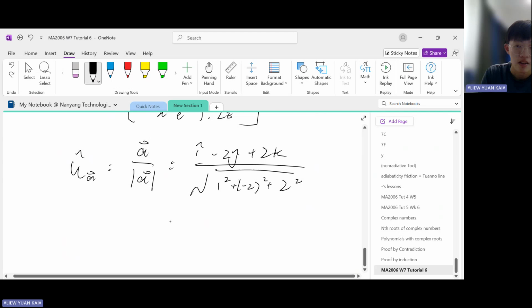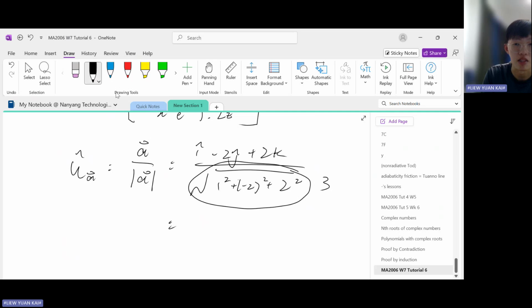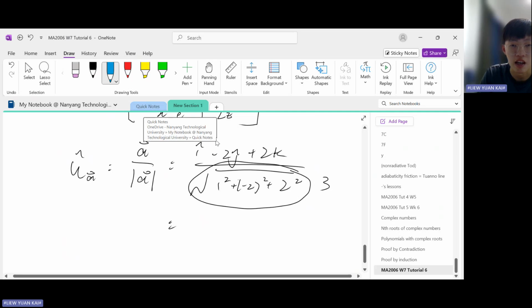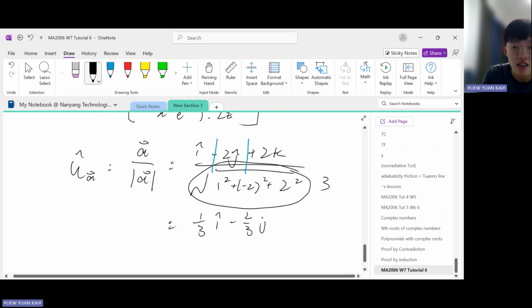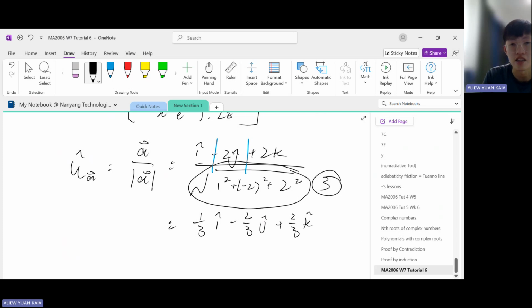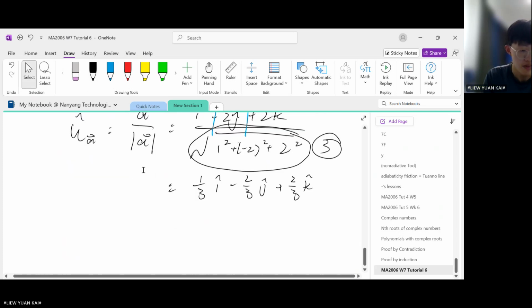In the bottom, this will evaluate to 3. Now we're going to split each component into the i component, the j component, and the k component. This 3 will remain for each component. So 1/3 i minus 2/3 j plus 2/3 k. Don't forget this denominator goes to each entry, the i entry, j entry, and the k entry.